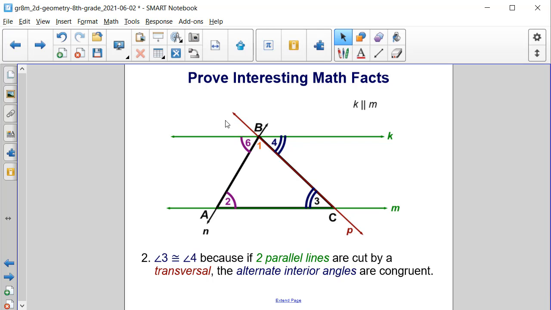And similar to earlier, when line P is our transversal and lines K and M are parallel, angle 3 and angle 4 are congruent to one another because they are alternate interior angles.